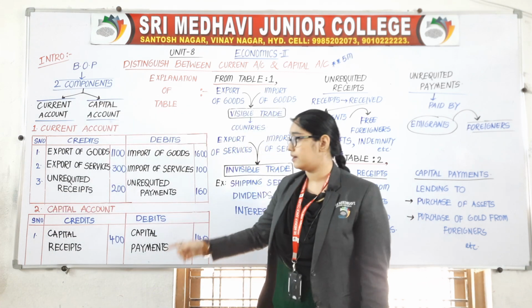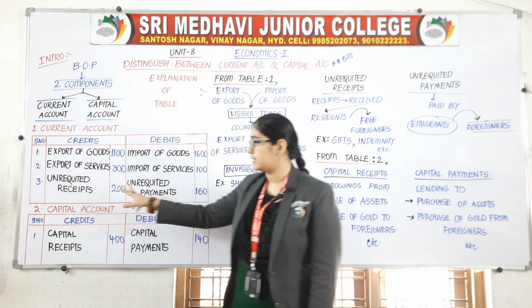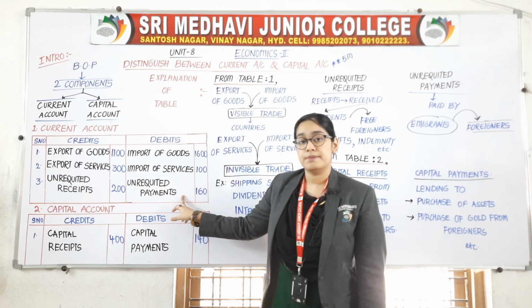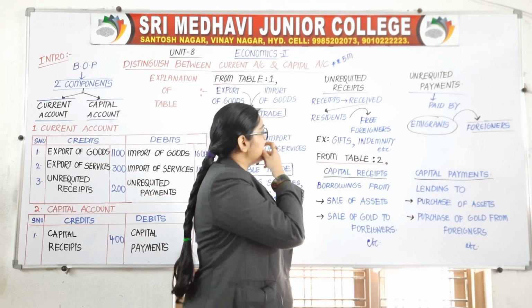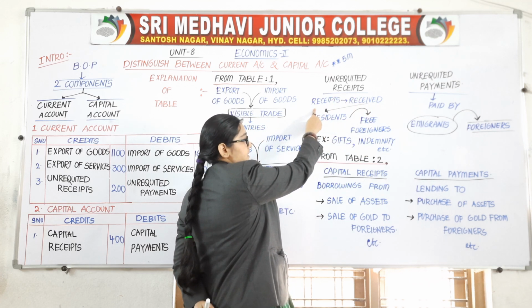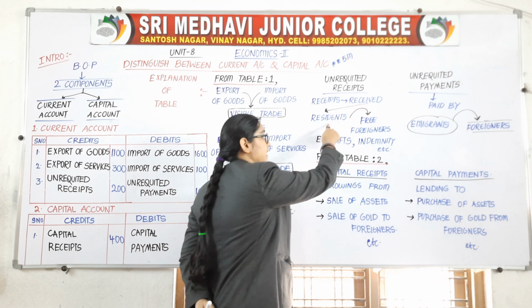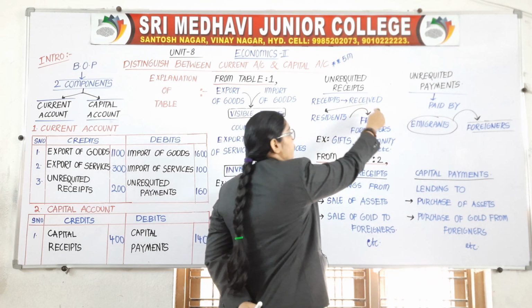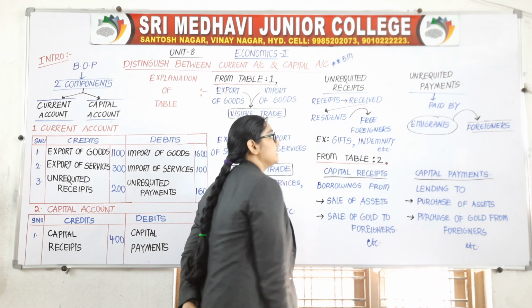Now you can see the third point, unrequited receipts and unrequited payments. What is the meaning of this? Let us see. Unrequited receipts are the receipts received by residents free from foreigners.